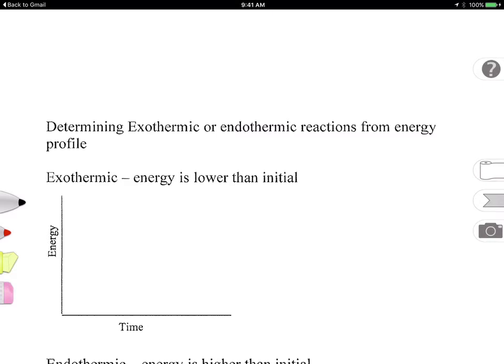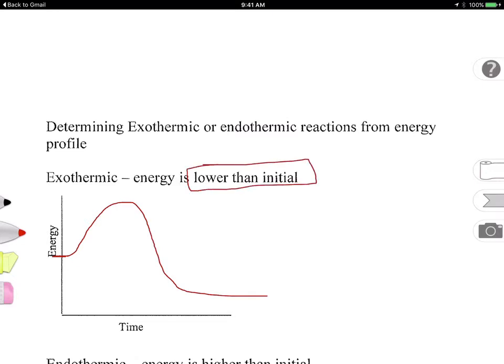Determining exothermic and endothermic, you can tell just by looking at a graph what it is based on, do things end higher or lower than where they began, okay? So exothermic, actually the two graphs that I've already done, those are exothermic, okay? Start at some level, activation energy, end at the bottom. See, lower than initial. Exothermics end at a lower energy level.